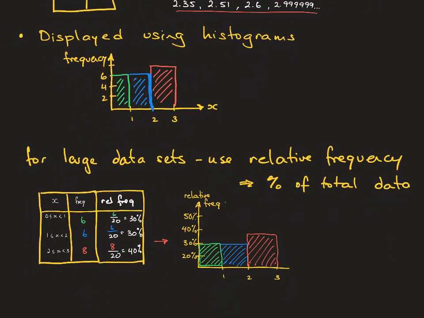And so you can see that's what I've done here. And so I've got, for 0 to 1, our frequency of 6 was 6 out of 20 data points, which is 30%. That makes more sense, a bit more information about the data than just the number 6. And so you can see I've changed all of my frequencies into a relative frequency, and now I've got relative frequency or percentages as my vertical axis. My data still looks the same.